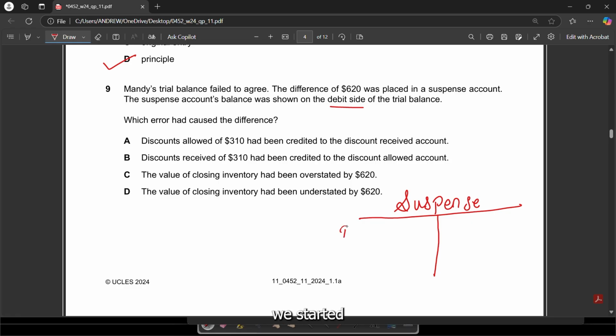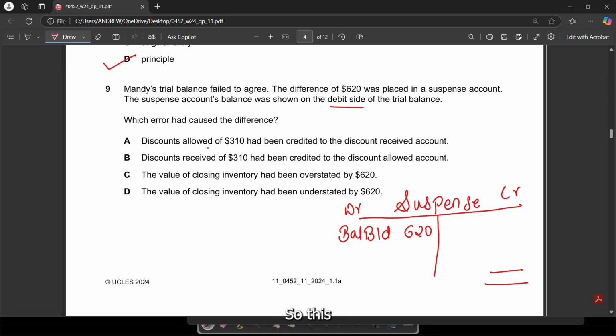So somewhere we started our suspense account by balance brought down recorded on the debit side. So that means our credit side was greater by 620. Somewhere due to this error, the credit side was increased by $620. So let's see which errors made the credit side increase by 620. The first option, that is discounts allowed of $310 has been credited to discount received account.